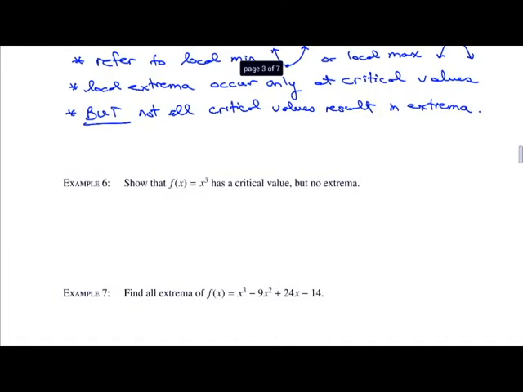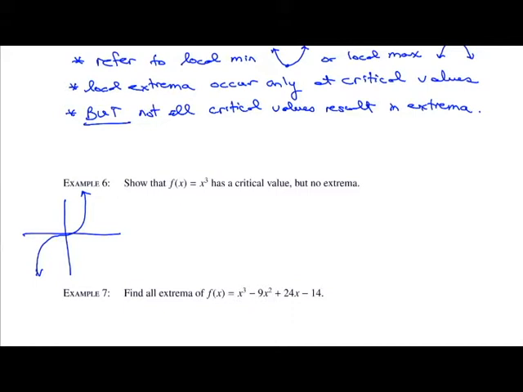Example 6. Show that f of x equals x cubed has a critical value, but no extrema. So to motivate this, first thing I will show you is the graph of x cubed, which looks like this, more or less. Can you see where this graph has a horizontal tangent line?